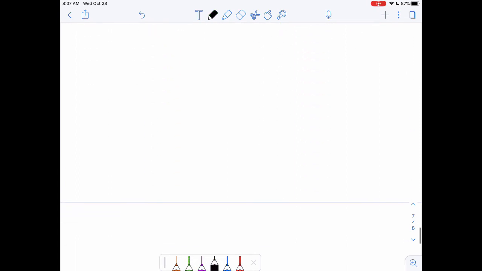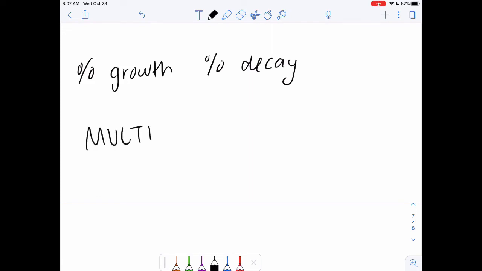To summarize, to find your percent growth or your percent decay, look at your multiplier and find its distance from 100%.